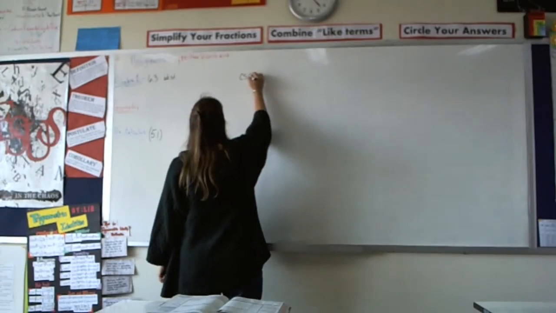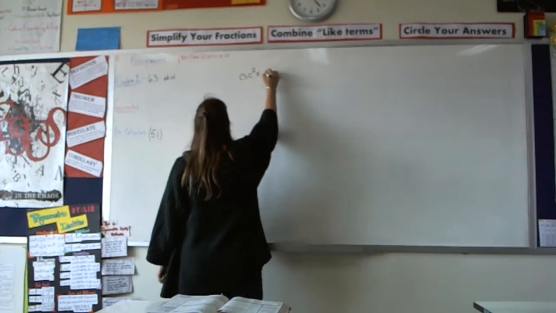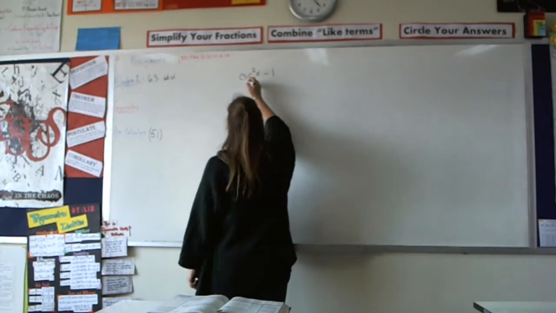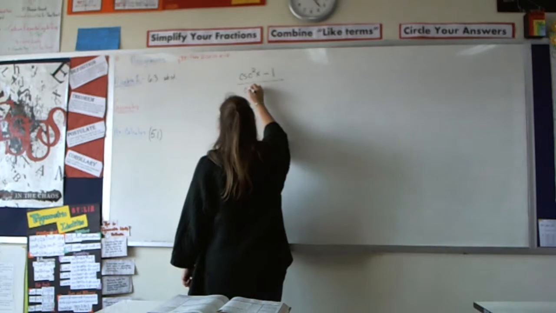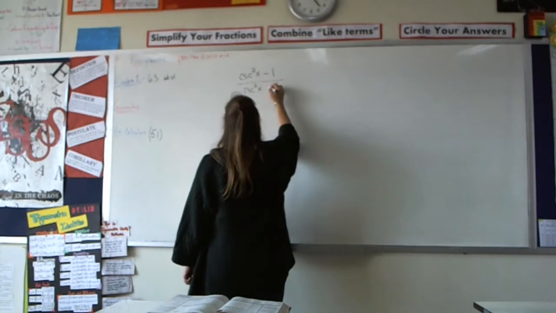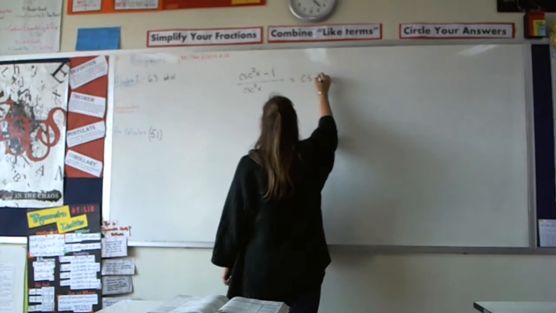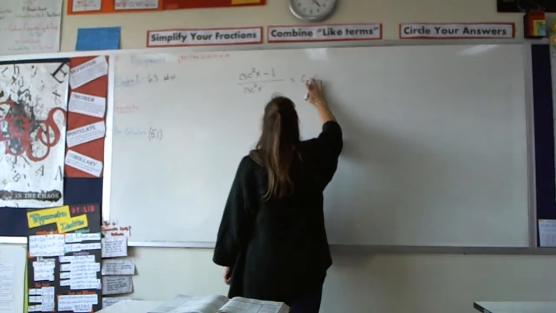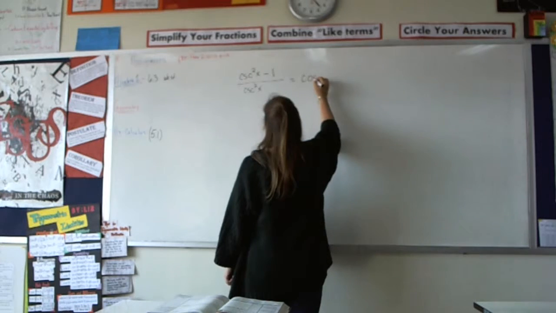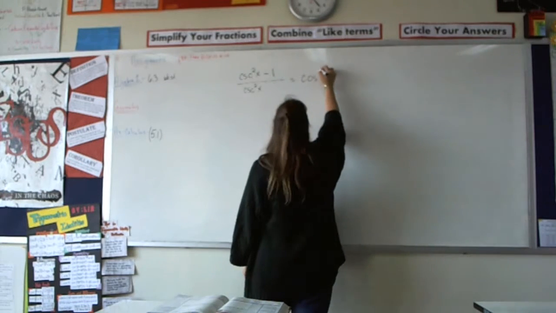All right, so let's start with example 1. Cosecant, somebody read it to me. Cosecant squared x minus 1 over cosecant squared x equals cosine squared x.